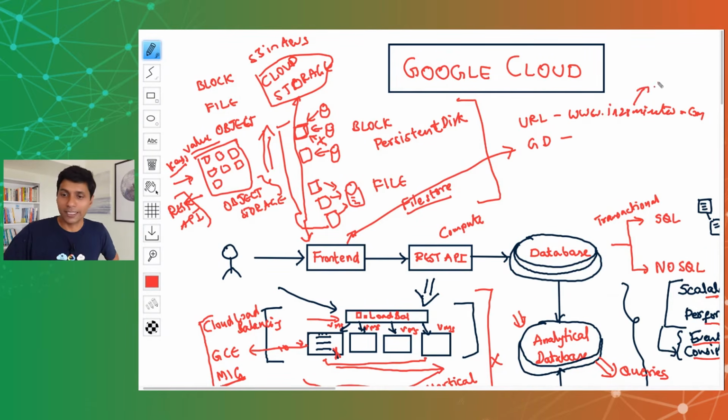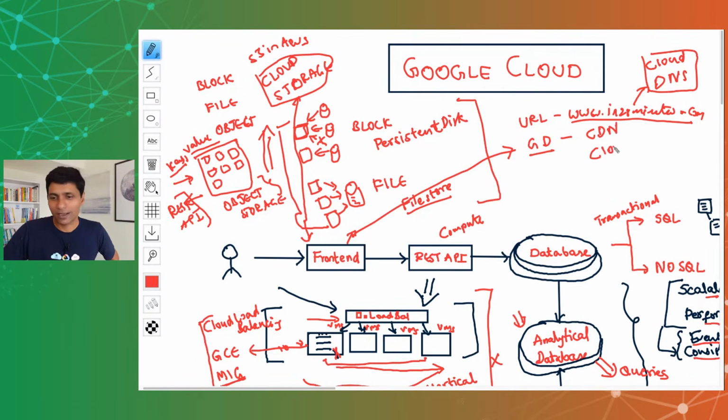So this is called domain naming service, DNS. And in Google Cloud, it's Cloud DNS, which is the service to allow you to map a name, a URL, to where your thing is hosted. And you can also do geographical distribution. This is called CDN, and you can easily guess the name, Cloud CDN.